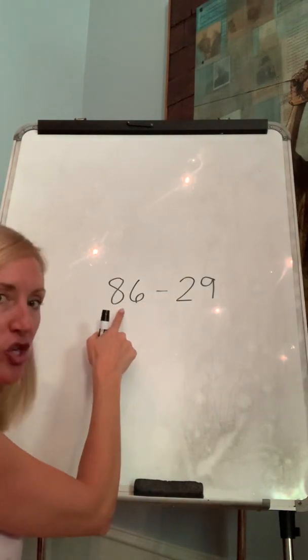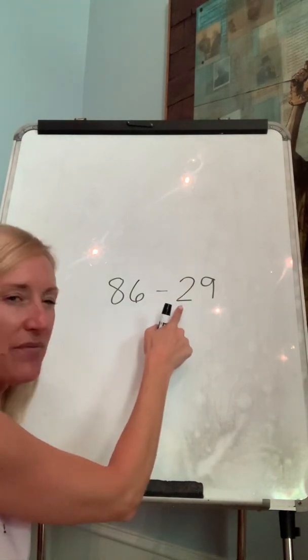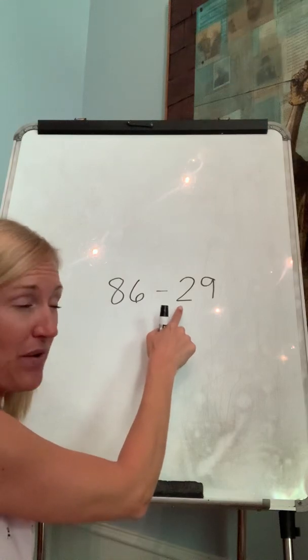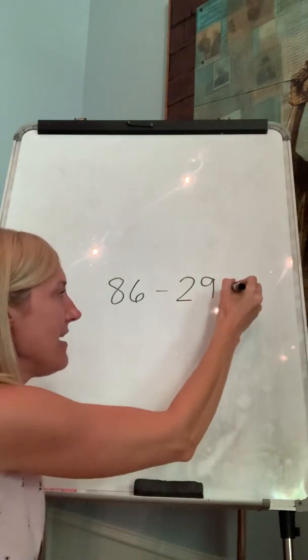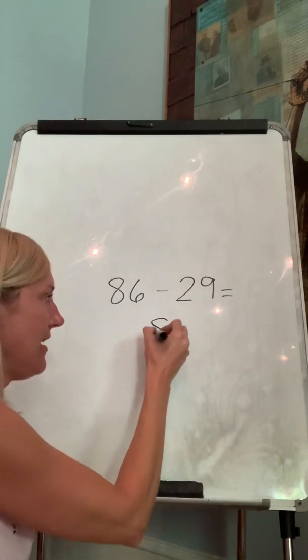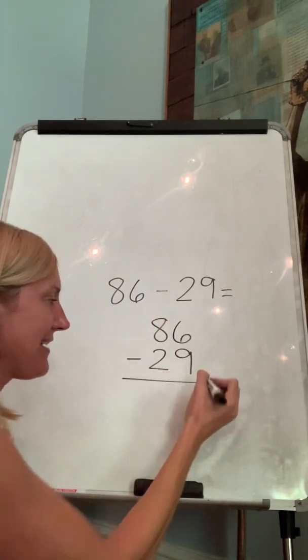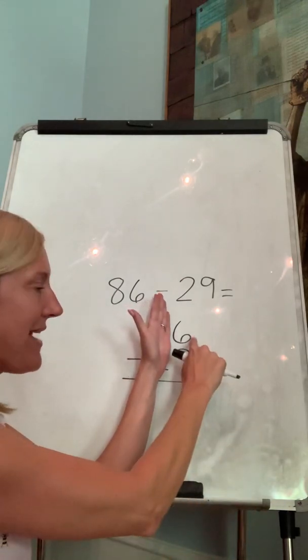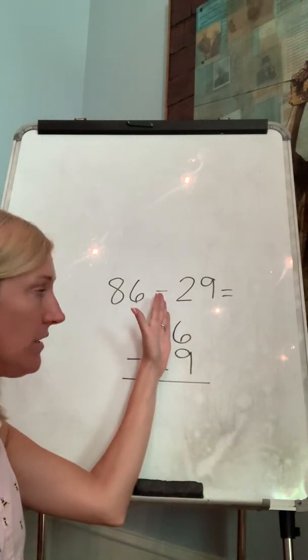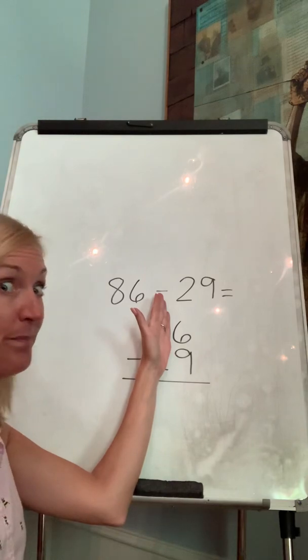We have 86 sharp pencils, but 29 of them get dull, and we have to put them in the dull box. How many sharp pencils are left? So we have 86 minus 29. I'm going to ask myself the question, is my number on top bigger than the number on the bottom? Nope.